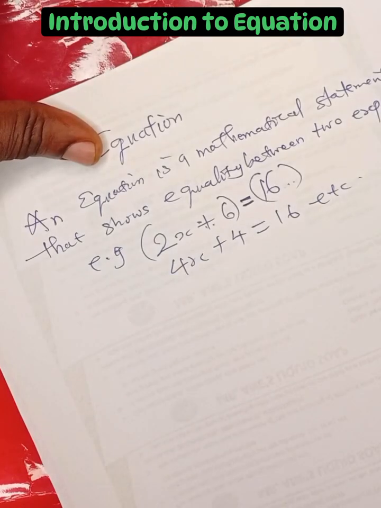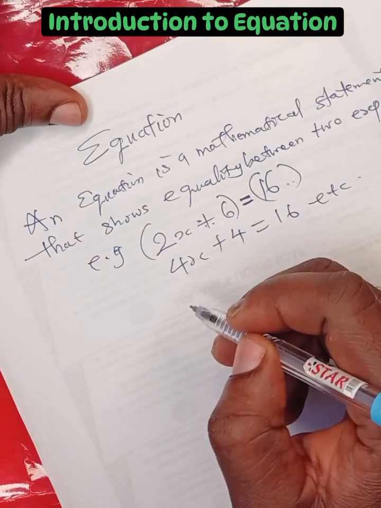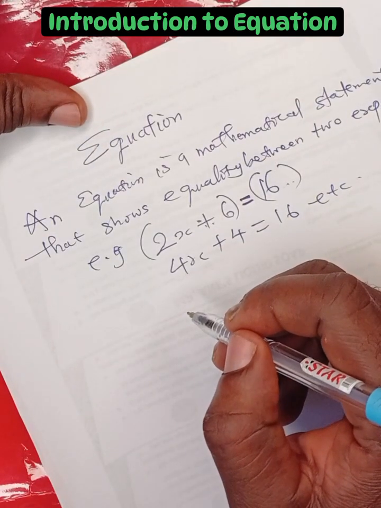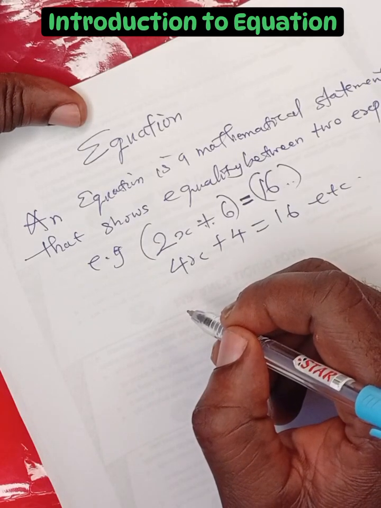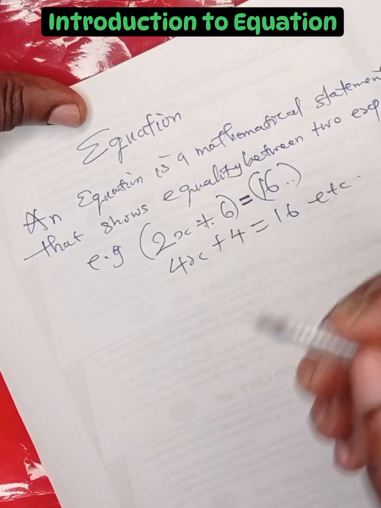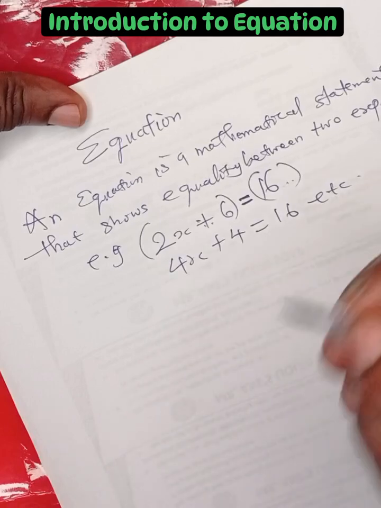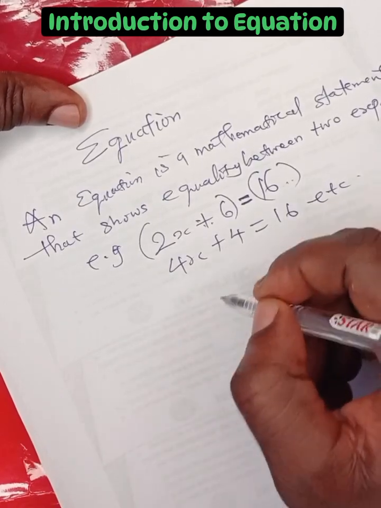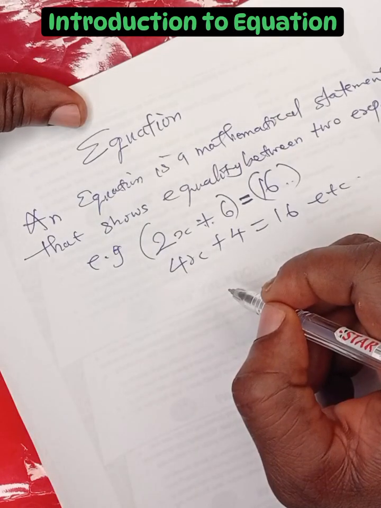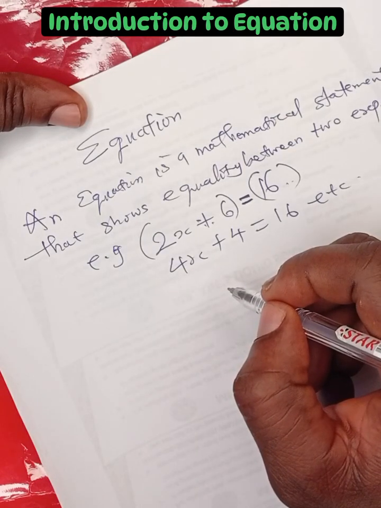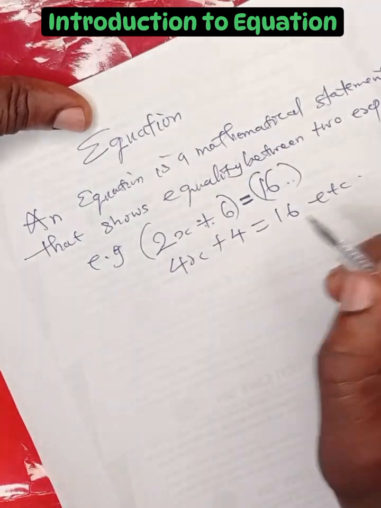Now, like in our previous video, after we have solved the problem and gotten the solution, we have to substitute the value of x into the original equation in order to determine whether the left hand side is equal to the right hand side.